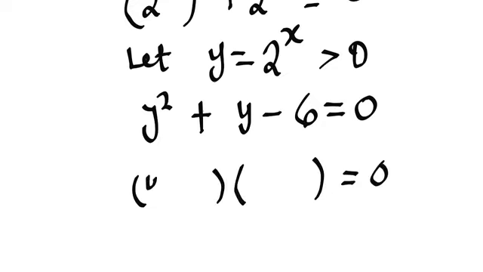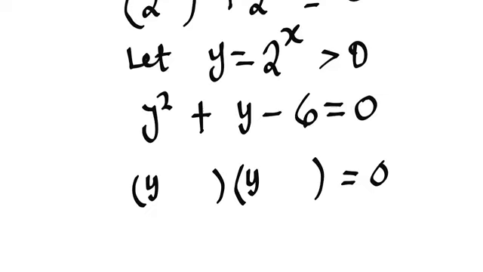So here we're going to have y here, we have y here. So we look for the two possible factors of 6, so that when you multiply them together, you are going to have -6, but when you sum the two together, their sum is going to be +1 we have here.